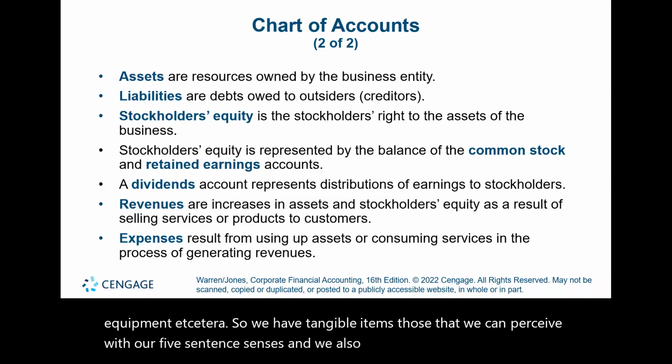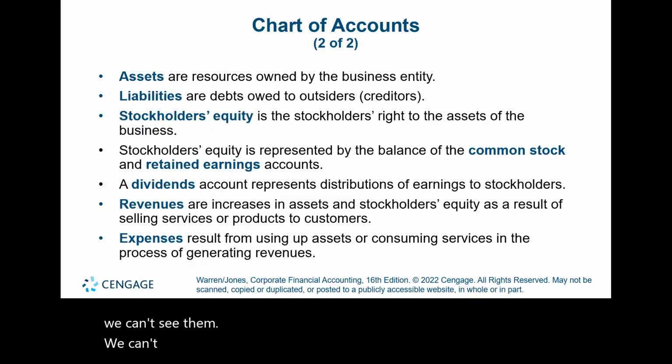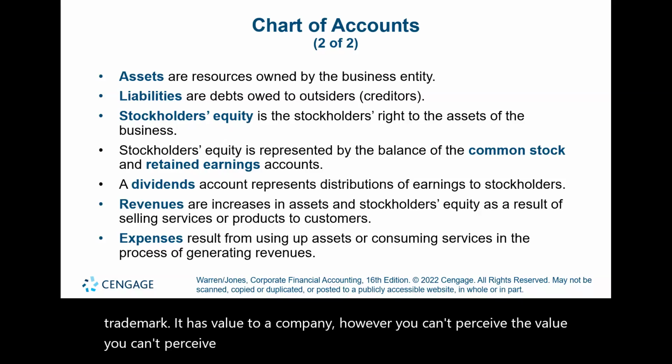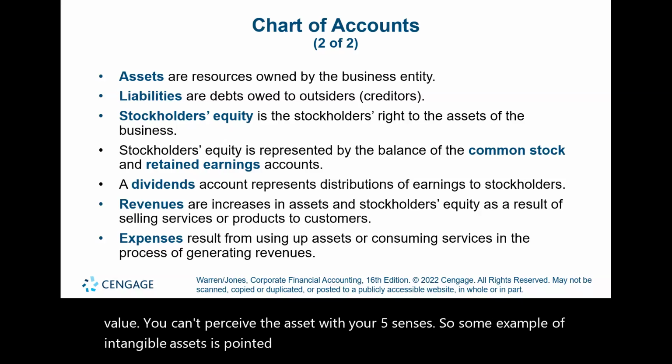These are things that have value, but we cannot perceive them with our 5 senses. We can't see them, we can't touch them. A great example of this would be a patent or a trademark. It has value to a company, however, you can't perceive the asset with your 5 senses. Some examples of intangible assets are patents, trademarks, and copyrights.